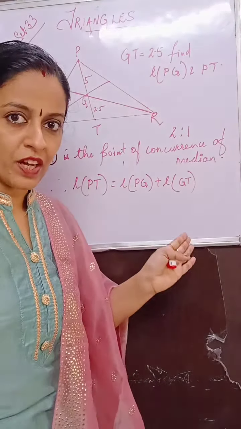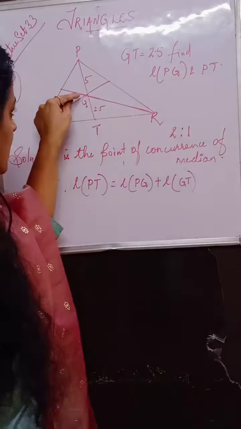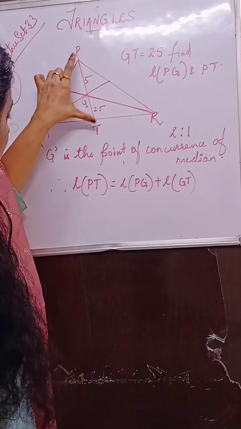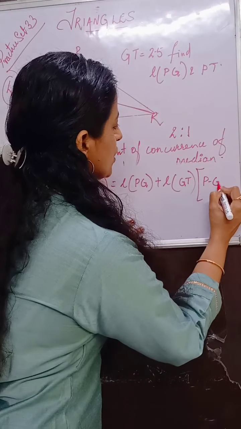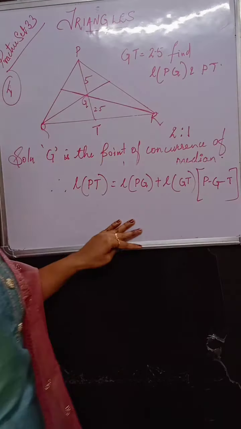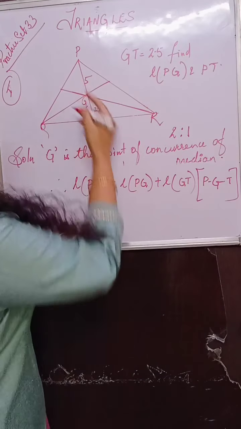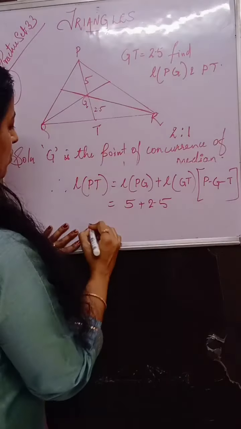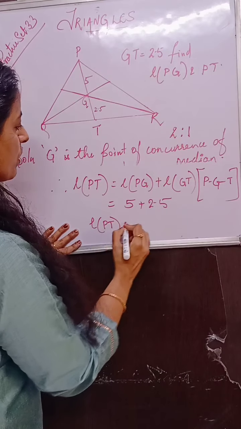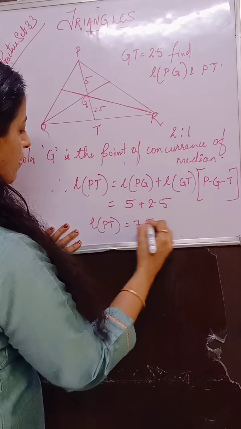First chapter also we are using here betweenness property. G lies between P and T. So PT will be PG plus GT. Reason write down P dash G dash T. Add. PG is 5. GT is given as 2.5. So length of PT is equal to 7.5.